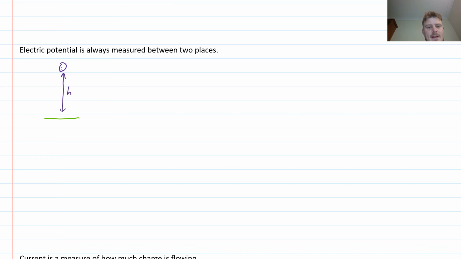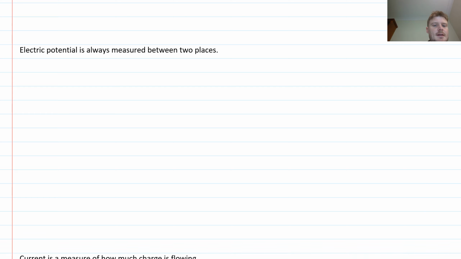We're saying that there's potential here because it can fall some height until it reaches the ground, and it crashes into the grass. So for gravitational potential energy, it's always measured between two places, and electricity operates in exactly the same way. So electric potential is always measured between two places.